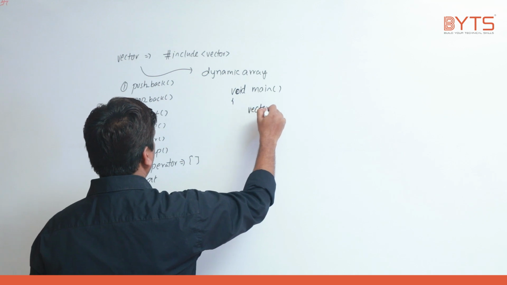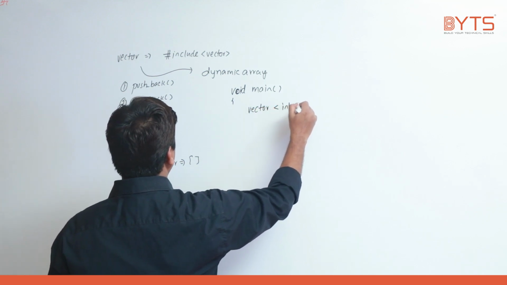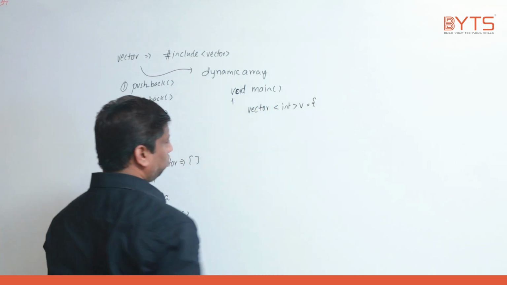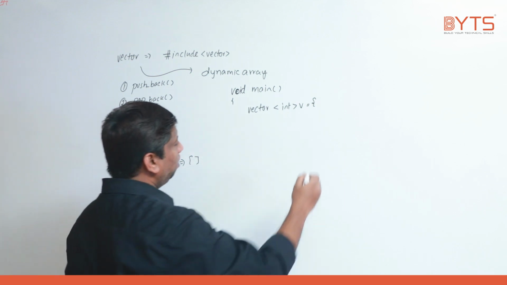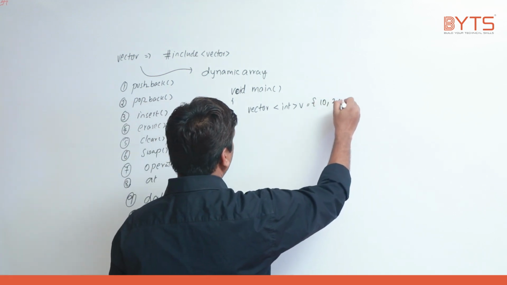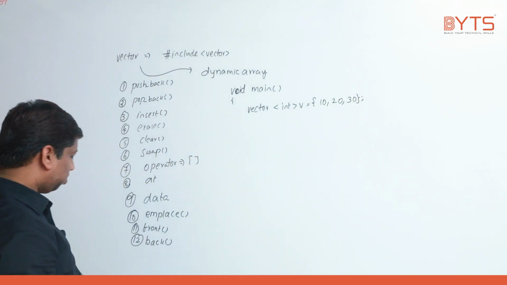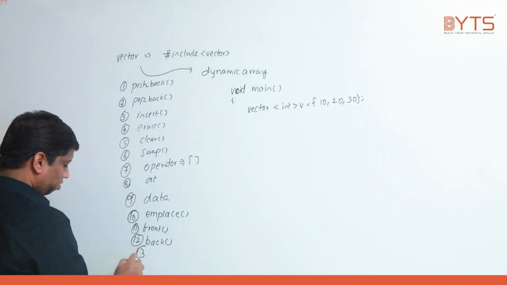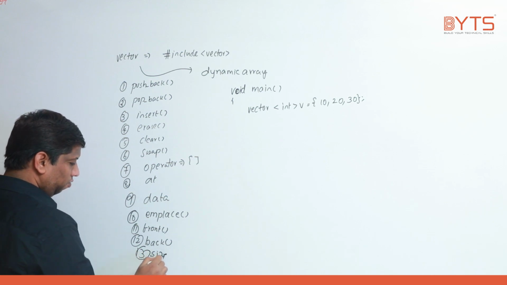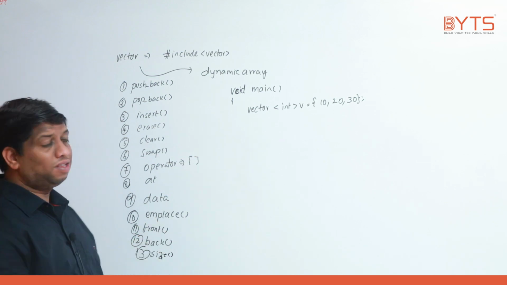vector<int> v = {10, 20, 30}. See, we are having another function called size also. So how many ways can I print this data? I'll just explain.